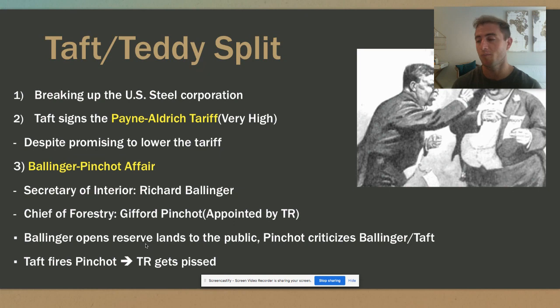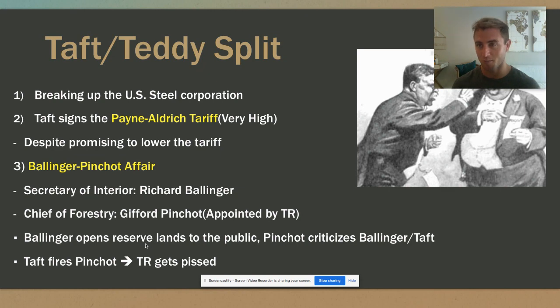But Ballinger, appointed by Taft, is going to open up these reserve lands, especially in Alaska. This is going to horrify Pinchot, who once again was appointed by Teddy Roosevelt. And Pinchot is going to criticize both Taft and Ballinger in public. This is going to really infuriate Taft, who immediately fires Pinchot.